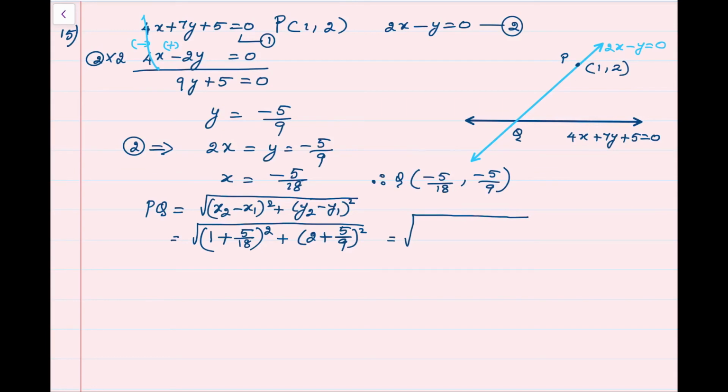Square root of (23/18) square plus (23/9) square. 23 square divided by 9 square is common.